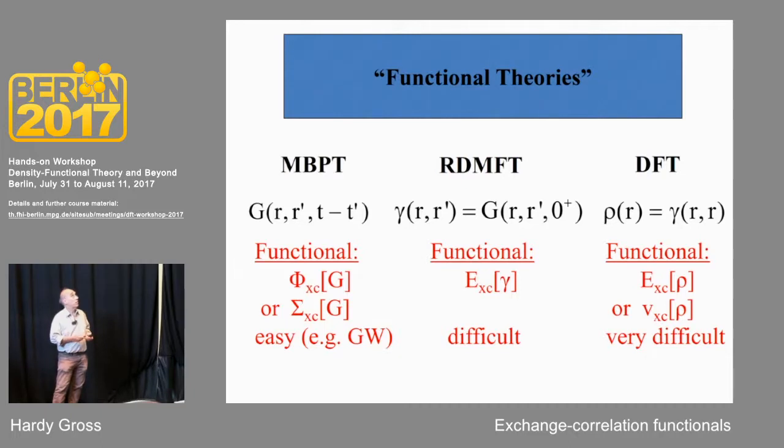For density matrix functional theory, it's more difficult to find good functionals. And in the context of DFT, it's very difficult. It's very hard. So if you look back in history, progress is typically made on the scale of decades, right? The step from the LDA to the GGAs took something like 20 or 30 years.